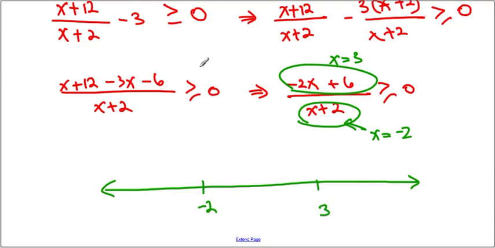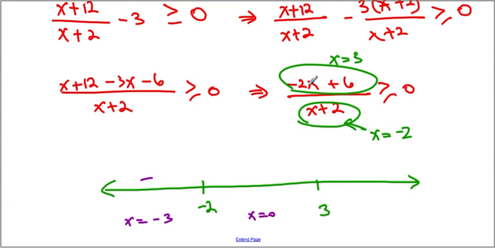So let us designate some values, and this is what we end up getting. What if you let x equal negative 3? Then the denominator becomes negative while the numerator becomes positive. So the whole thing becomes negative, but that's not what we want in this case because we are looking for something greater than 0. Here, x equals 0.